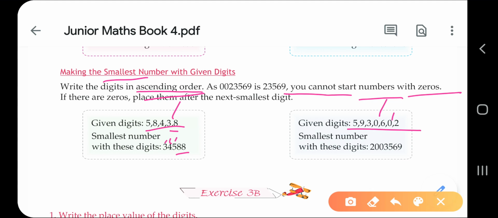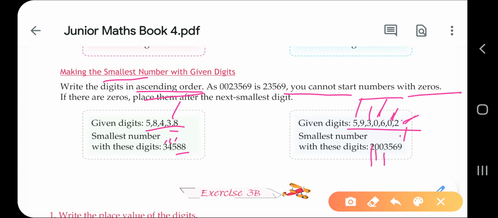We will find the other smallest number. So after 0 there is 2, then we will place this 2 in the first place, and after that 2 के बाद जो भी डिजिट है 0 हम लोग उसे प्लेस करेंगे, और उसके बाद 3 प्लेस करेंगे, because 3 is the smallest number after 2 and 0, and after that 5, then 6 and then 9.